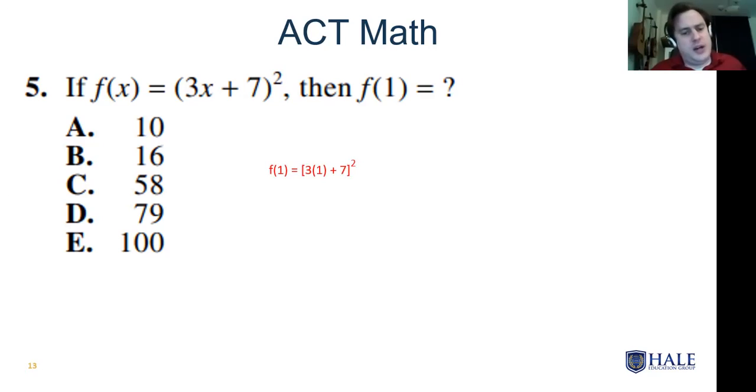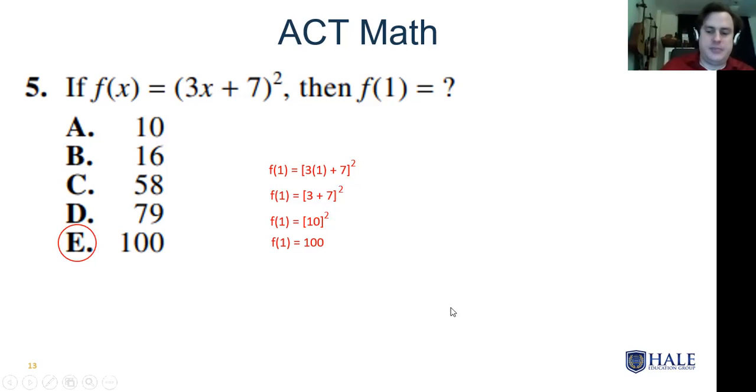We just plug 1 in for x, and we get 3 times 1 plus 7, the whole thing squared. 3 times 1 is 3. 3 plus 7 is 10. And 10 squared is 100. Voila. It's 100. That's easy. Basic, straightforward math from the ACT.